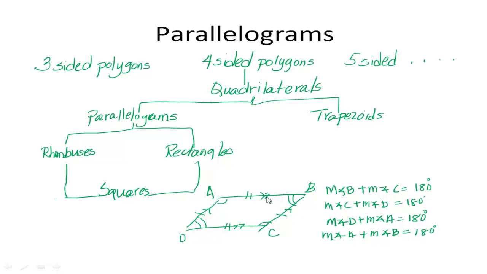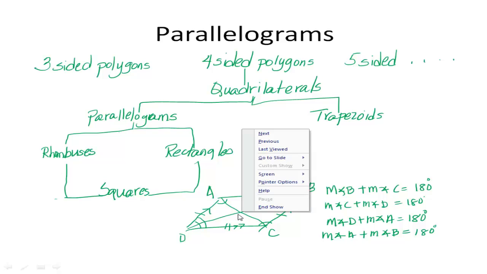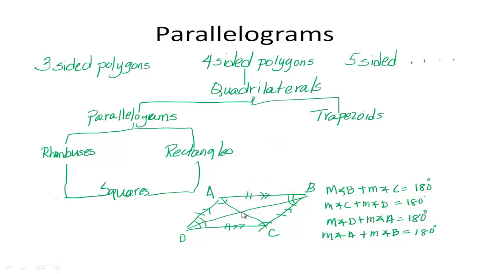The other thing about parallelograms is their diagonals. Their diagonals are the lines that join two non-consecutive vertices. This is a diagonal, and here is the other diagonal. Where they intersect, right there in the center, the diagonals bisect each other.